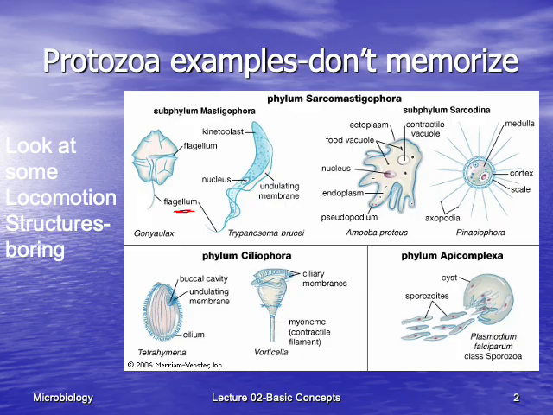These use pseudopods, pseudopodia, pseudopodium, a bendable part of the plasma membrane that stretches out and grabs things, and then the rest of the cell will flow into it. We also have cilia, one cilium and many cilia, which are kind of like short hairs. So it gives you a feel for the structures that are used for locomotion in protozoans.